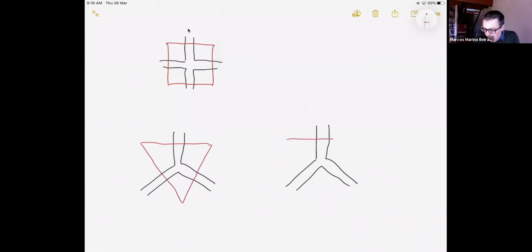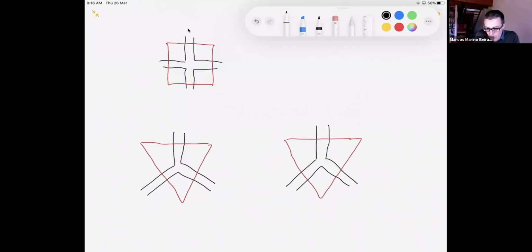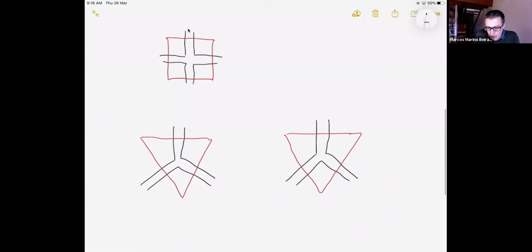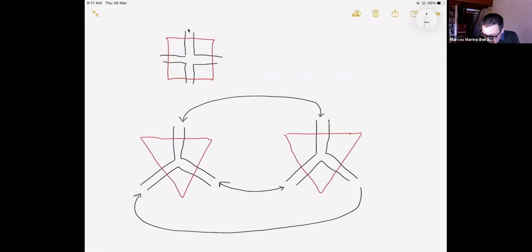And now the gluing instructions. Remember that the gluing instructions tell me that I have to glue this with this, this with this, and this with this. These are gluing instructions that can now be interpreted as gluing instructions for the faces of the triangles.